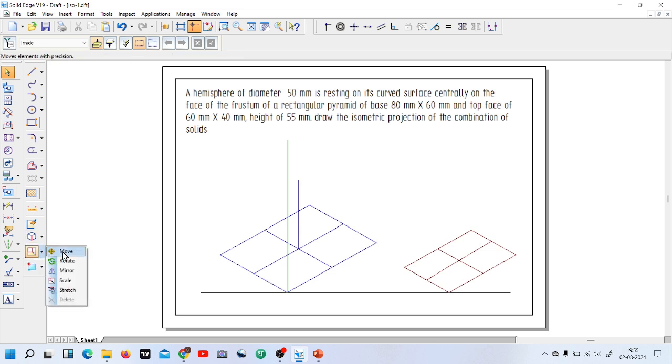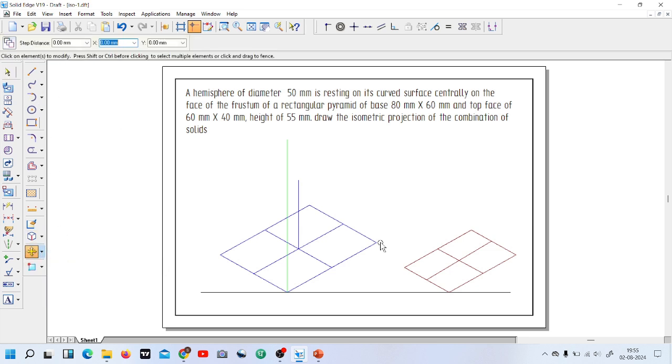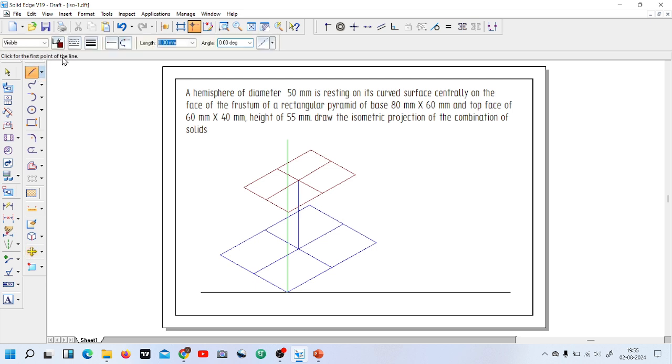I'm just going to use the move command here. I'll turn off the copy option and select this entire rectangle. I will take this midpoint as a reference point and place it over here. Now let us draw the clearly visible edges, that is the slant edges.